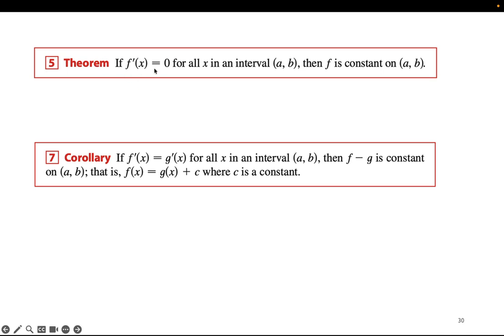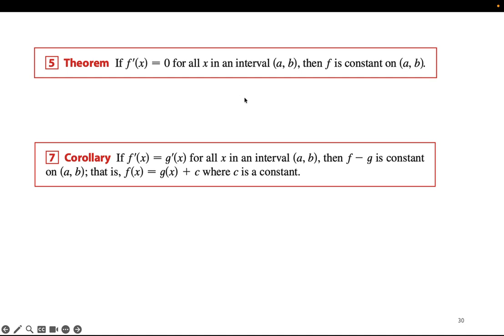This theorem says that if f prime is 0, by the way, both these theorems are consequences of the mean value theorem. We won't cover the proofs, but if you use the mean value theorem, you can prove these theorems. So this says that if you have a function where f prime is always 0, then that must be the constant function.